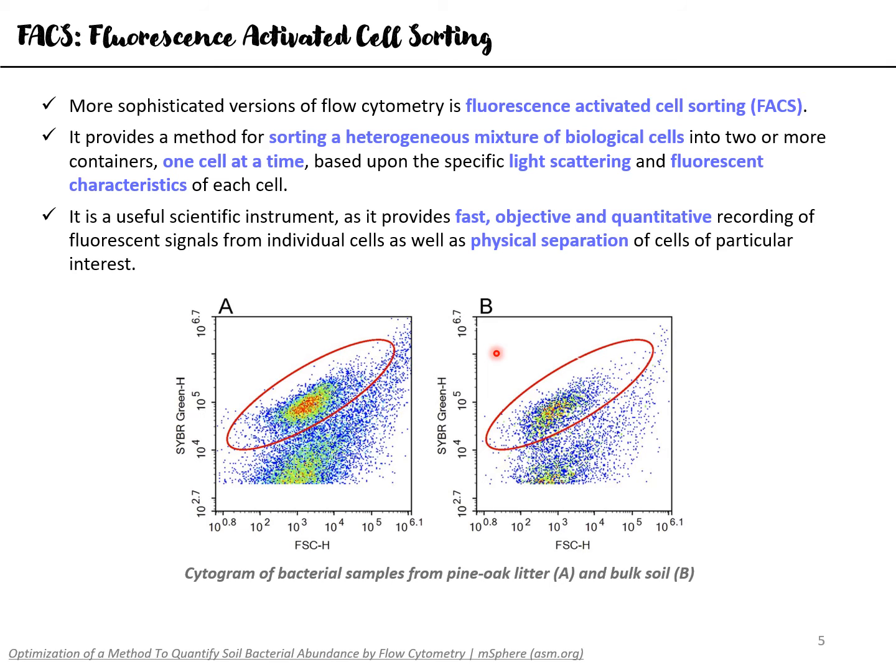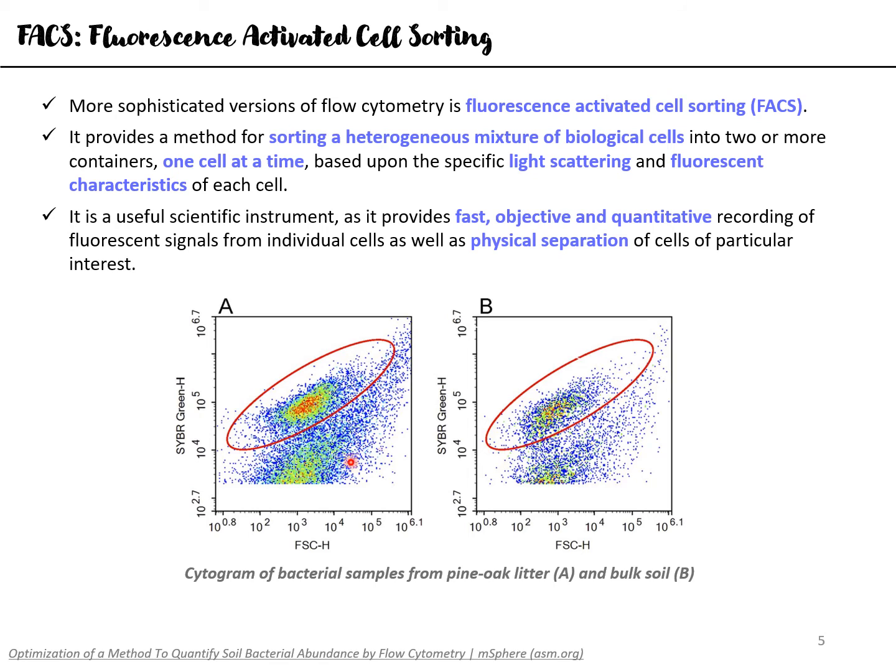So this is a cytogram of bacterium samples taken from pine oak litter and bulk soil. So you can see how the distribution pattern is varying between these two sample sources. Exactly what it is detecting, I'm not really going to discuss with you because that is outside the purview of this lecture. But this is what a typical flow cytometry cytogram looks like.